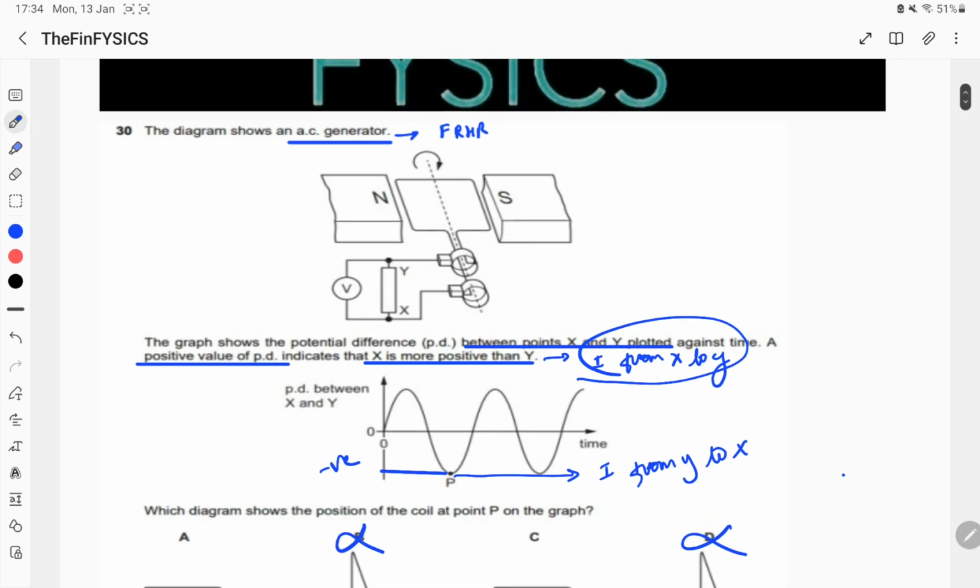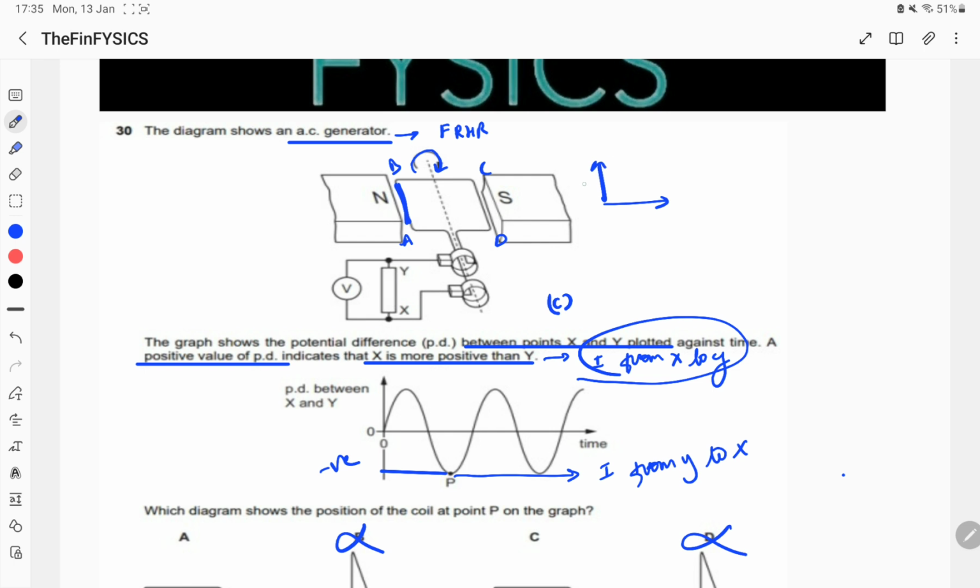Okay. Now, let's understand in this condition. In this situation, which is my option C, how the current is flowing. So, if I just label the coil as A, B, C, D, and if I only look at AB, for the AB section of the coil, this part, my magnetic field is from left to right, and because the coil is moving clockwise, I know AB has to go up.